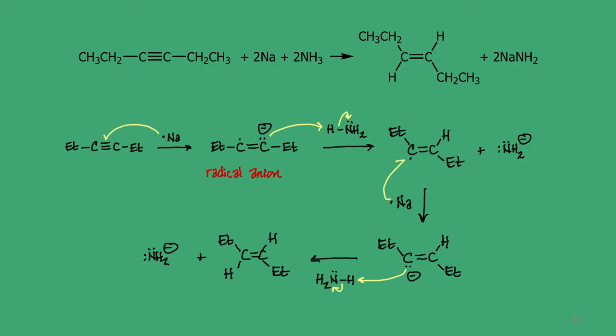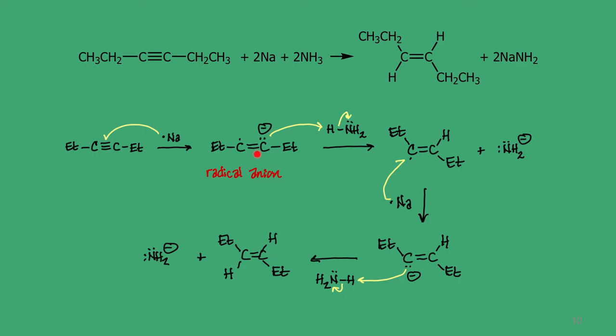The whole process begins by a one electron reduction of the alkyne. The sodium here is simply acting as a reducing agent, something you can probably recall from general chemistry. So one electron is donated into a pi bond. That addition into the pi bond breaks the pi bond and produces an intermediate known as a radical anion.